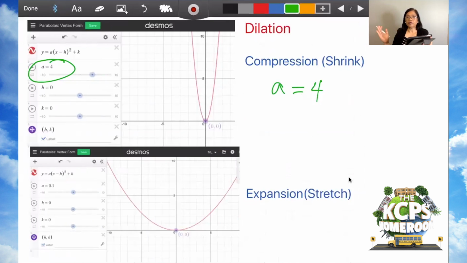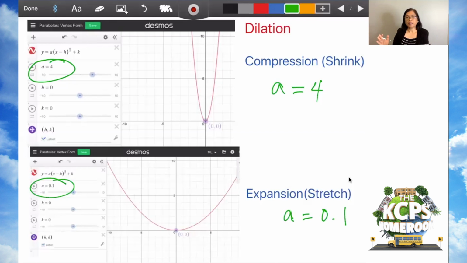It shrinks and moves closer to the y-axis. It becomes narrower. And on the second graph, when a is 0.1, it's smaller, a value between 0 and 1, a decimal, here 0.01, notice what happens to the graph. The graph is expanded, or there's a stretch, or the graph widens.